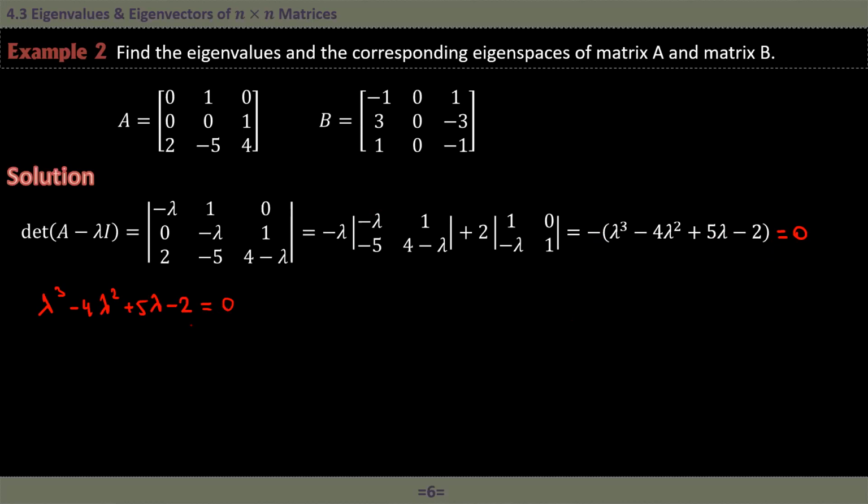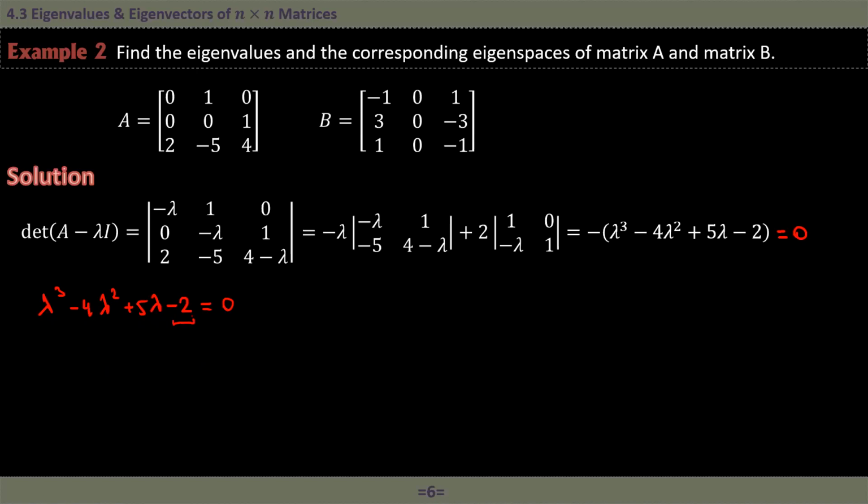My first attempt is to solve this by factorization. To solve this cubic equation, you must have learned this in pre-calculus at high school. In the factorization method, if the roots are integers, then each must be one of the factors of the constant term.